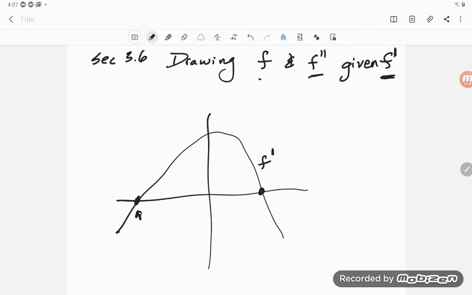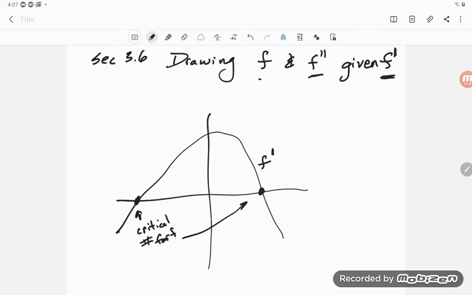That's a critical number, a first order critical number for f. And same with that one. So f has, now, I'm going to say a relative max or a relative min.